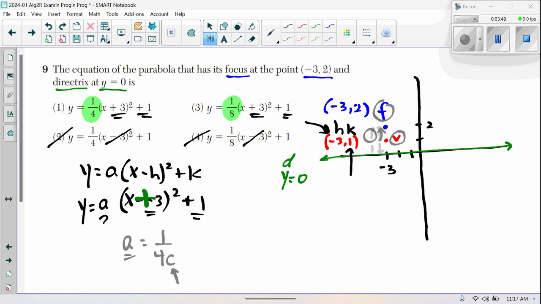A positive 1. If I was going down, it would be negative. But I went up 1, so C is 1. It's the distance from the vertex to the focus. C is 1, and now that means 1/4. So this number in front here needs to be 1/4. It's not 1/8, it's 1/4. So number 9, the answer is 1.